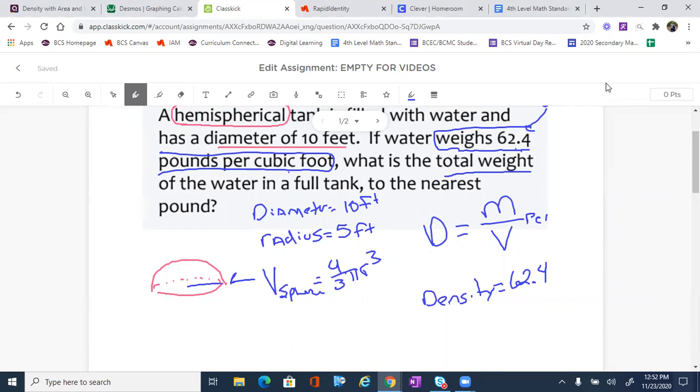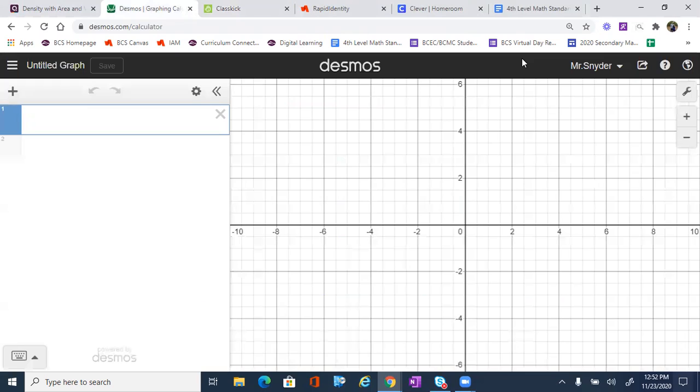Once we know that, we can figure out the volume of this sphere. We know that the radius is 5, so let's do 4/3 pi times 5 cubed for the volume of the sphere. Let's type that in: 4/3 pi times 5 cubed.